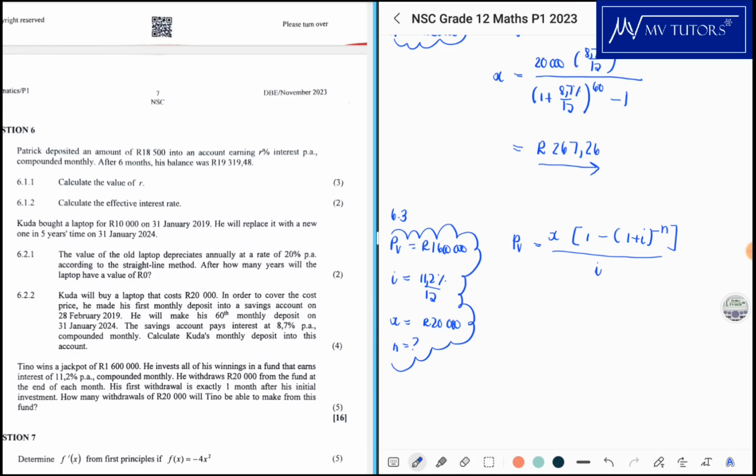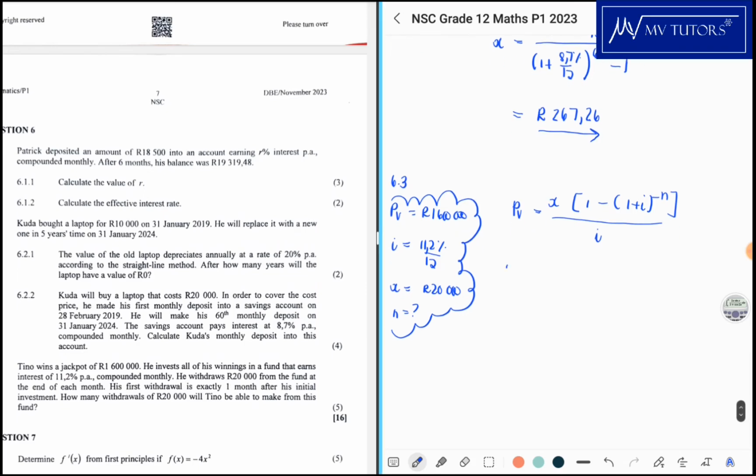So we're looking for N. If I say present value multiplied by the interest divided by X, minus 1, that'll be equal to negative 1 plus I to the power negative N. I'm just going to leave it there.